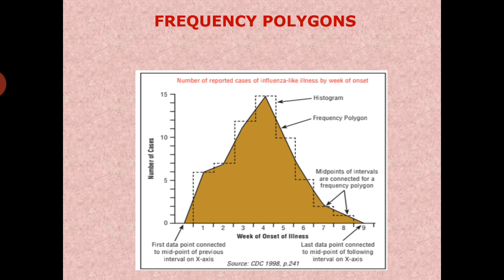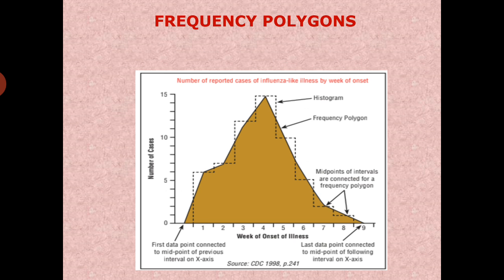Frequency polygon. What is a frequency polygon? Frequency polygons are a graphical device for understanding the shape of distributions. They serve the same purpose as histograms, but are especially helpful for comparing sets of data. Frequency polygons are also a good choice for displaying cumulative frequency distributions.